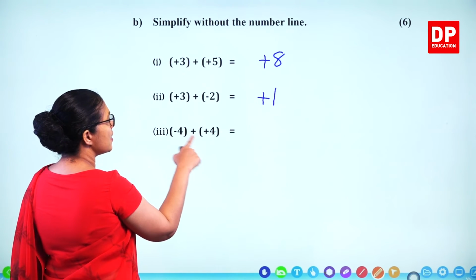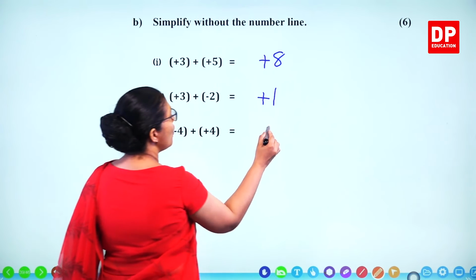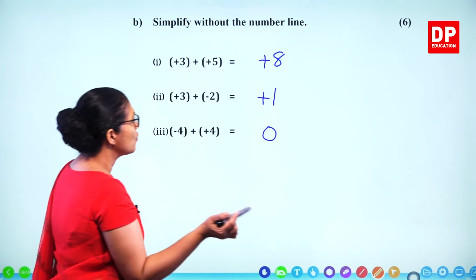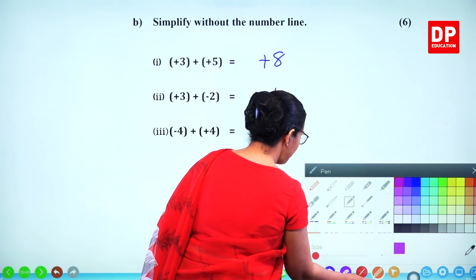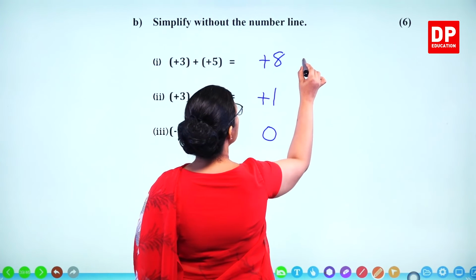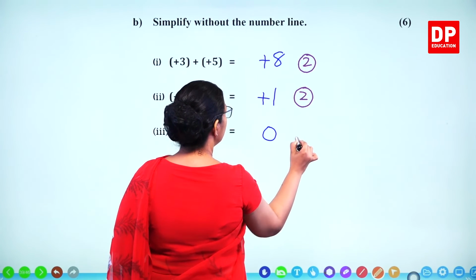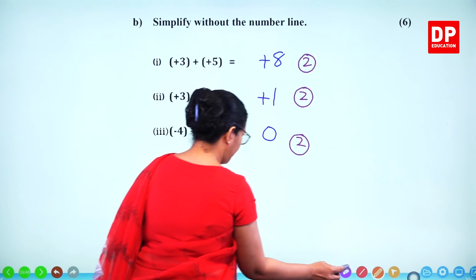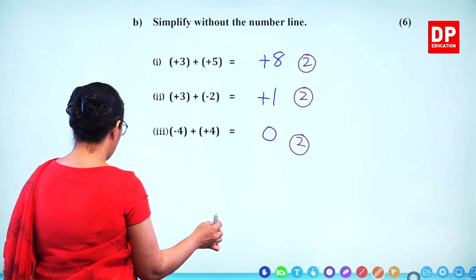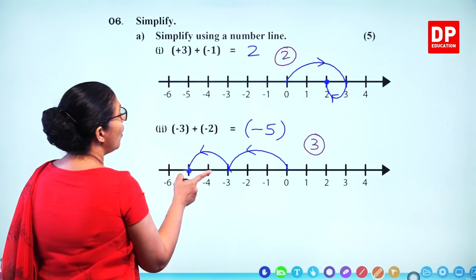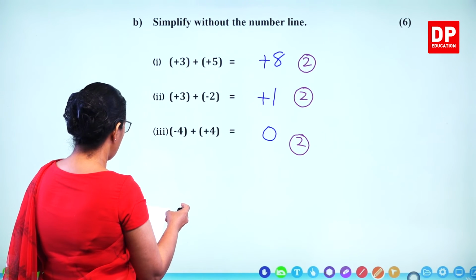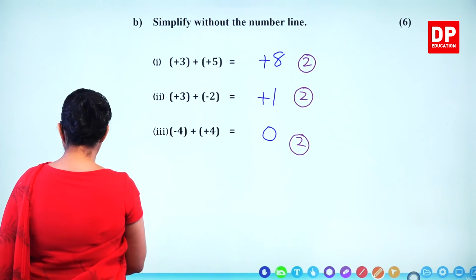Here difference, 4 and 4 difference is 0 and here you get 0, so you don't have to put a sign. So 2 marks each. 8, 1, 0, you get 2 marks each. So we gave before 5 and 6 marks. So that's question number 6.